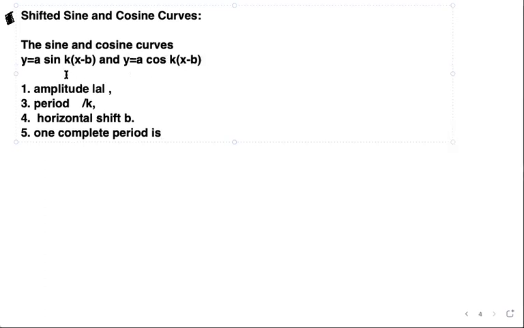So first thing we have to know is the amplitude. It's the absolute value of a. This a, I mean. The absolute value of a is called the amplitude.